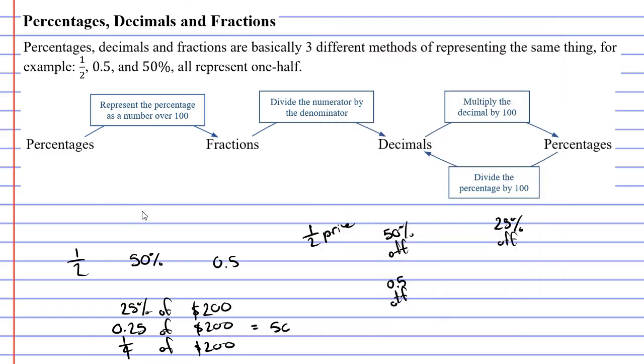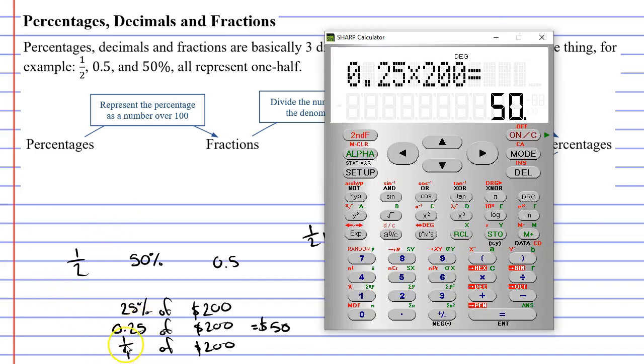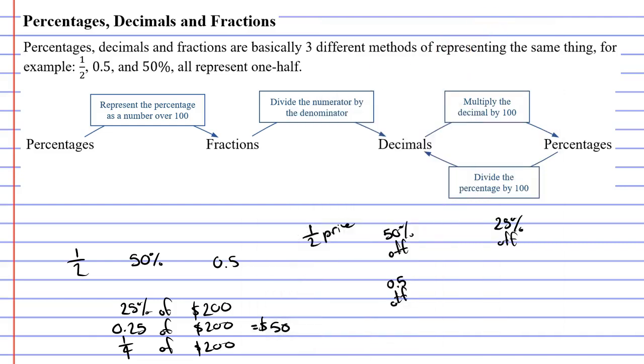That's $50. It's also quite easy to do it with a fraction, 1/4. Let's clear this. 1/4 times 200. That's also $50. So decimals and fractions are great for making calculations.